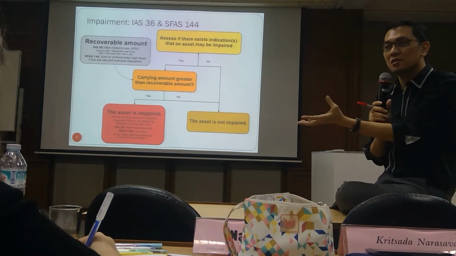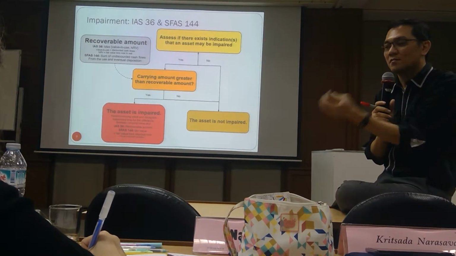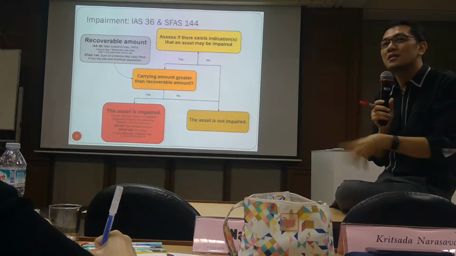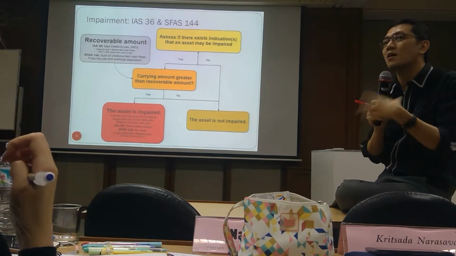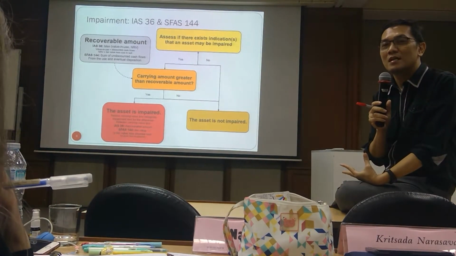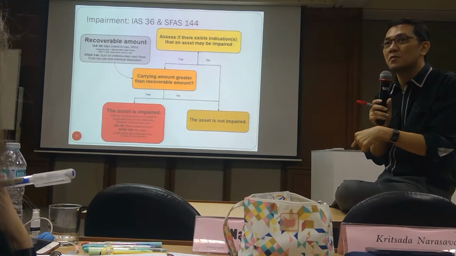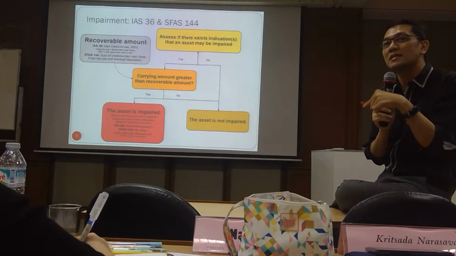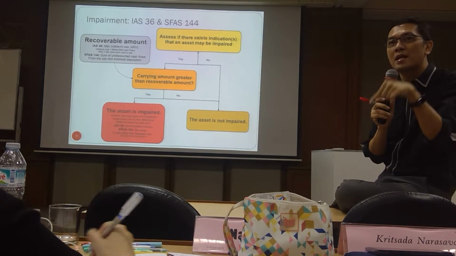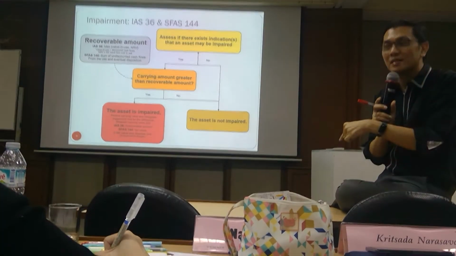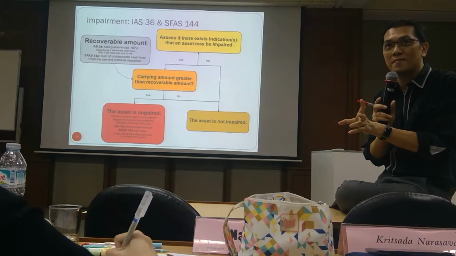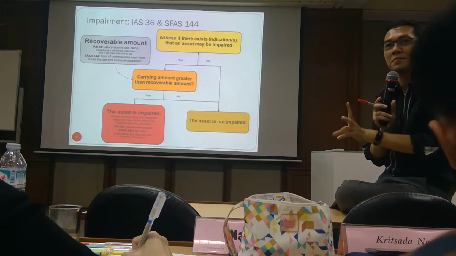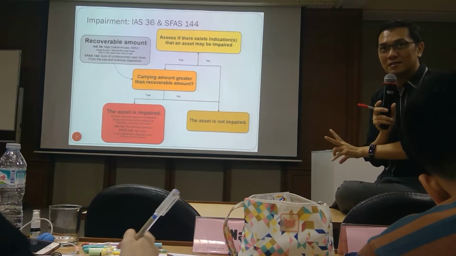But to sell the shirt at that price, I need to hire a salesman and pay for transportation, let's say costing me 30 baht. So NRV is equal to 120 minus 30. Basically NRV is market value minus cost to sell. That's the definition of NRV.